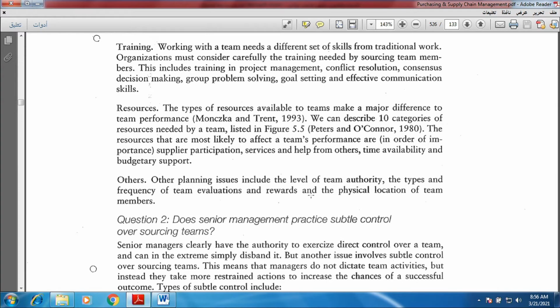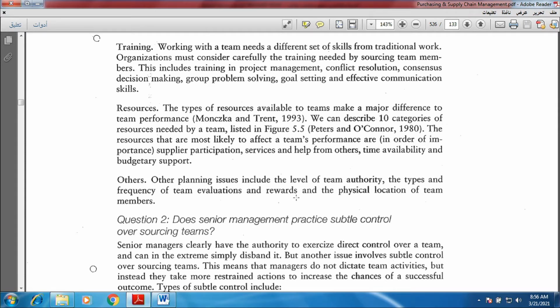Other issues such as the authority given to the teams, when the teams frequently meet and evaluate the challenges or the problems, physical location of the team members, how they could meet using the technology today is very important, the rewarding system that they think of.